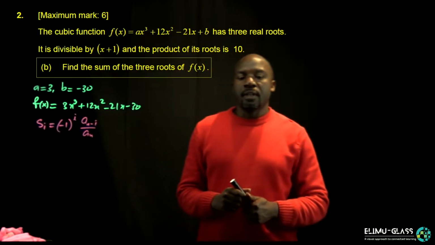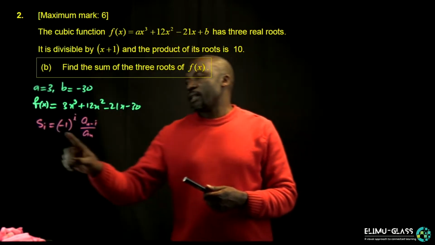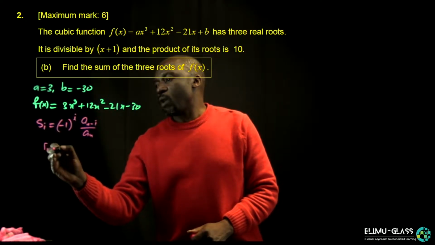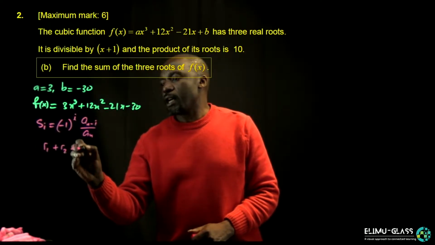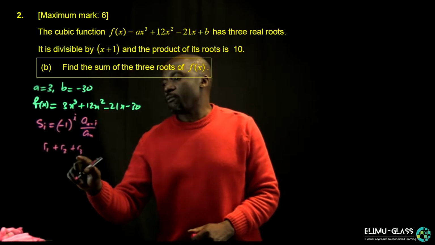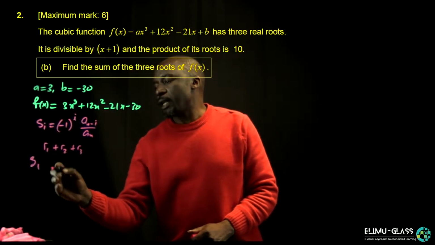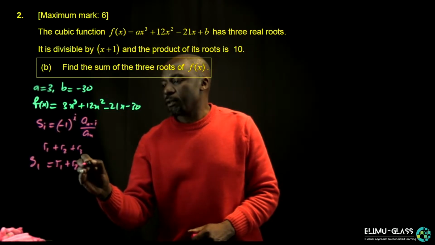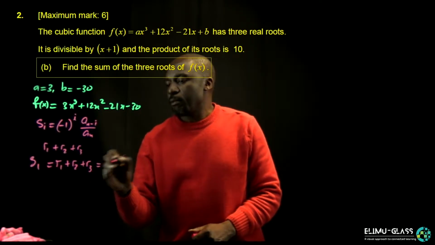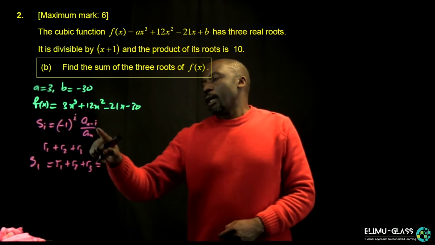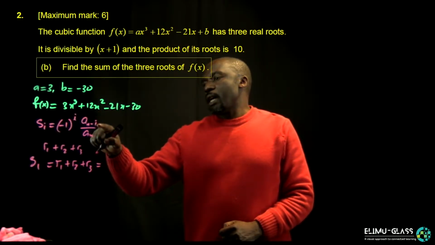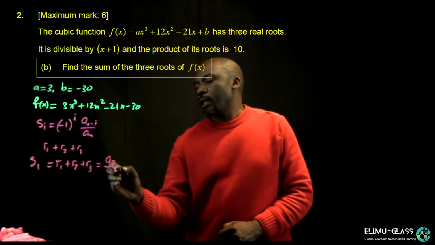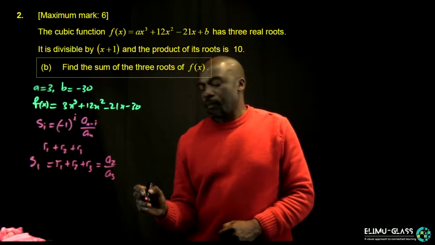So the sum of the roots, that means the sum of singles, so it's S1 because it's R1 plus R2 plus R3, so that means S of 1. S of 1, which is R1 plus R2 plus R3, must be equal to 3 minus 1, so that means a2 over a3.